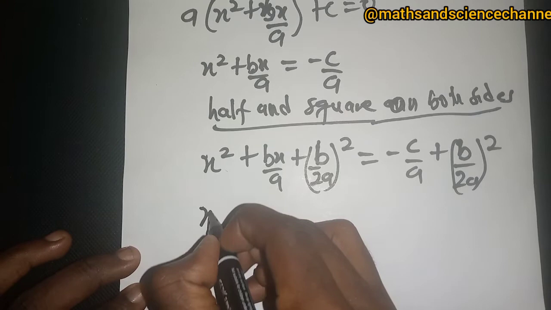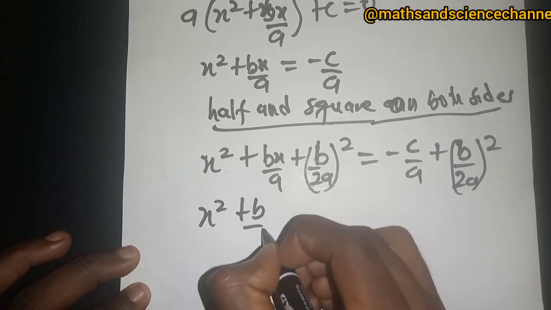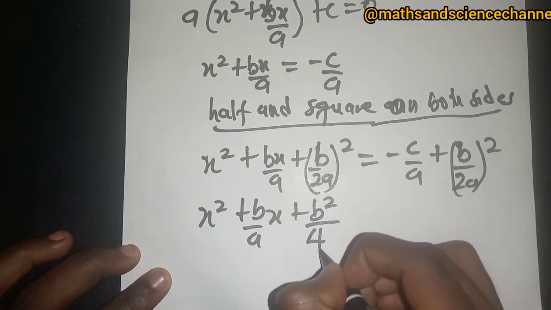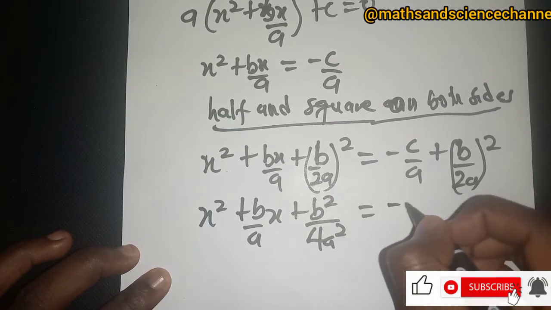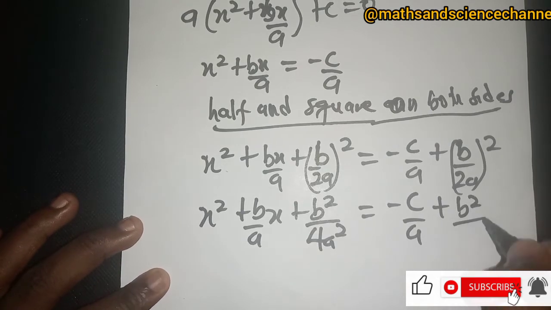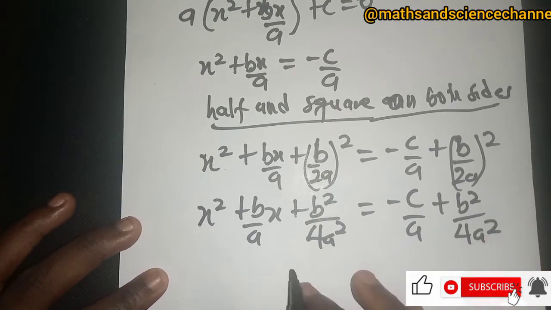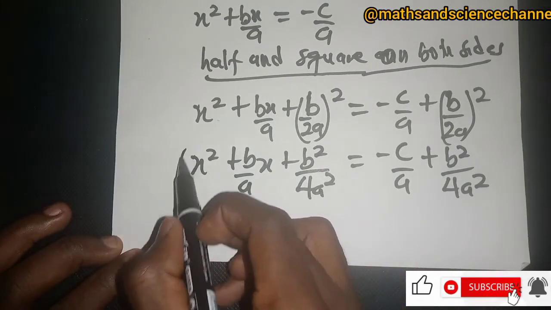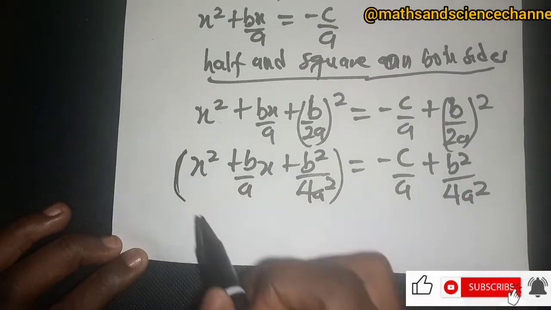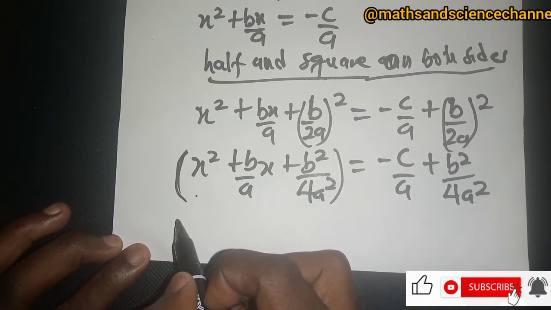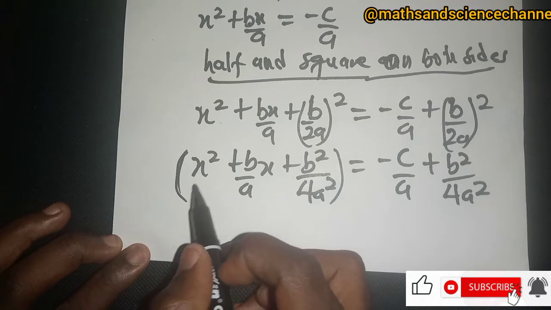Alright, so in all we have x squared plus b over a x plus b squared over 4a squared being equal to negative c over a, then plus b squared over 4a squared. Now what we are going to do next is that this has been expanded, so we are going to send this back to its original form before it was expanded.